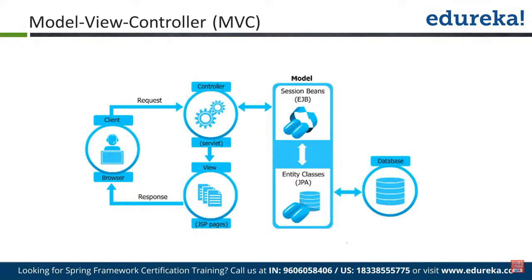So that is more or less the flow of MVC, irrespective of the framework you are going to use. Whether you are using Spring, Struts, JSF, FreeMarker or any other framework, if it is built on top of MVC, the flow will be more or less like that only.